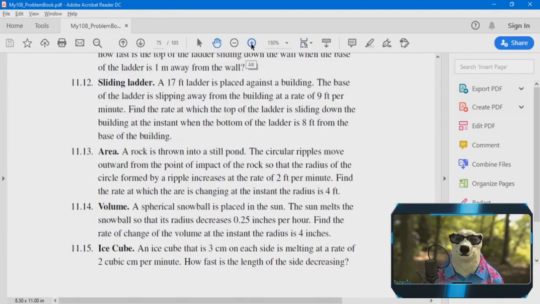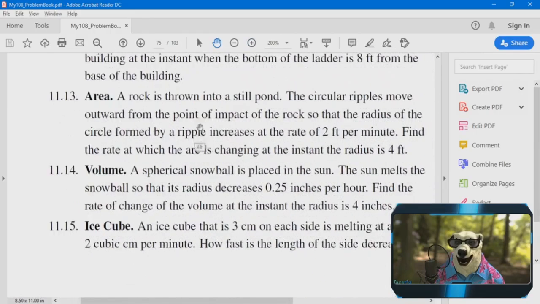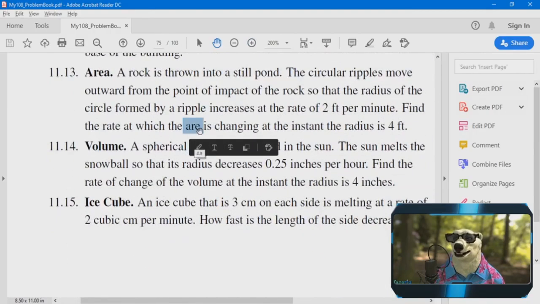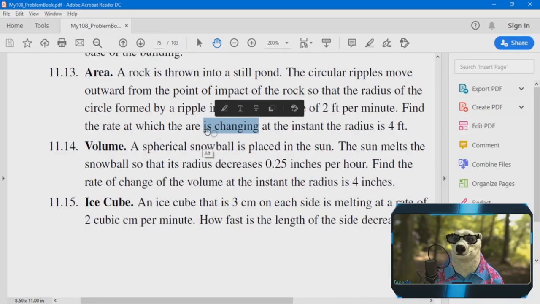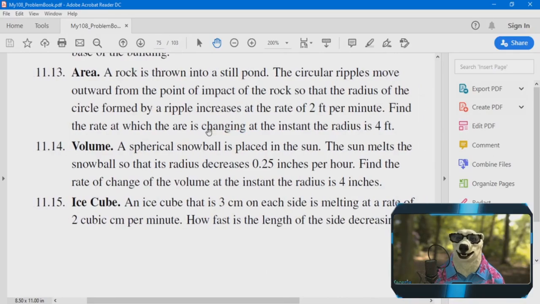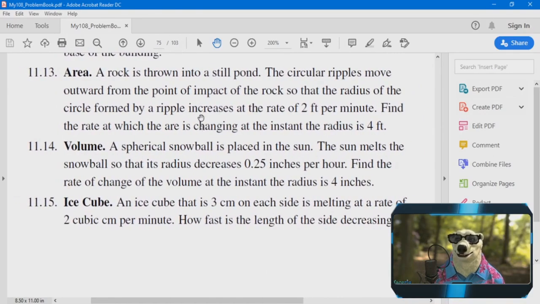Let's zoom in as much as we can here. 11.13. So we'll see how this problem works.